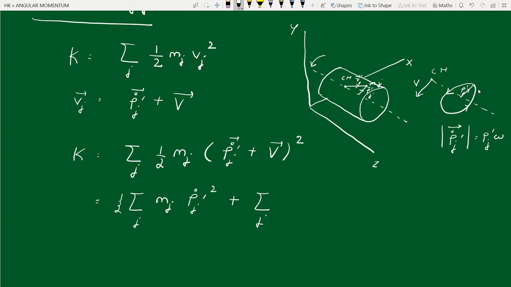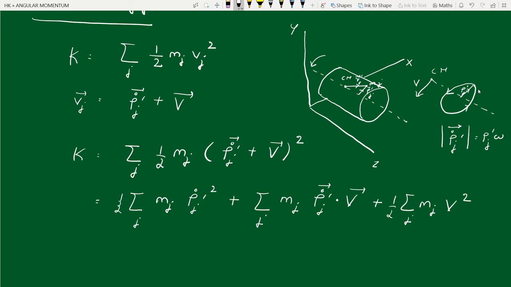So this 2 and half will cancel. So the second term is mj rho j prime dot product with V. And the last term is half mj V dot V, which is V square.